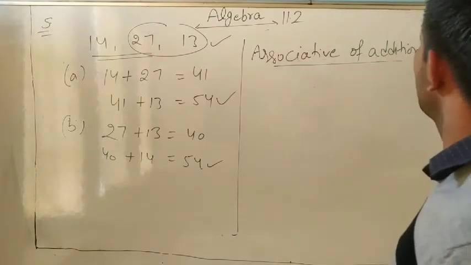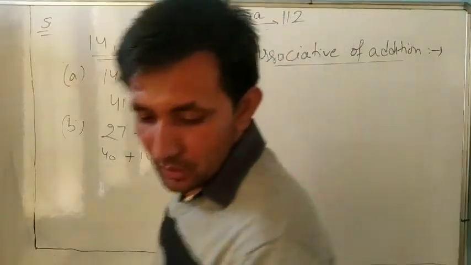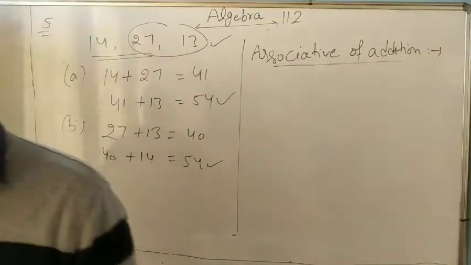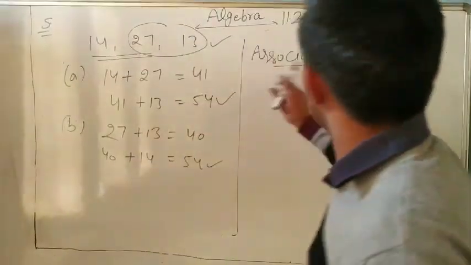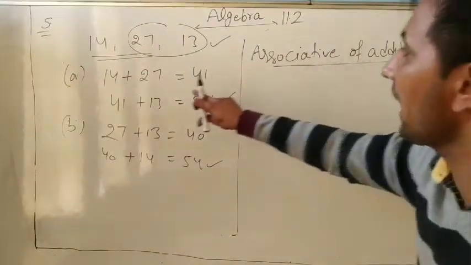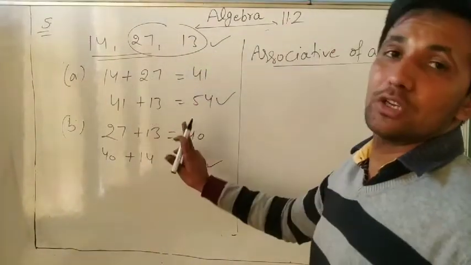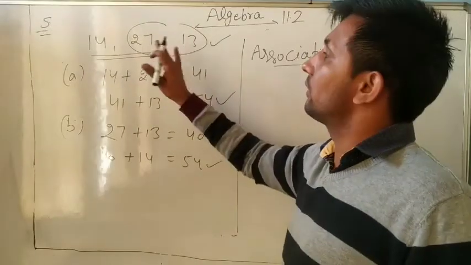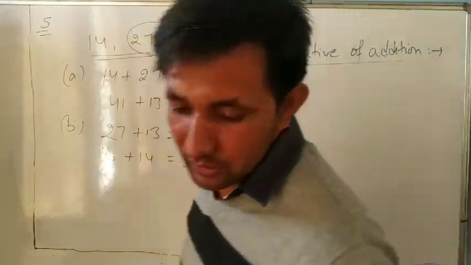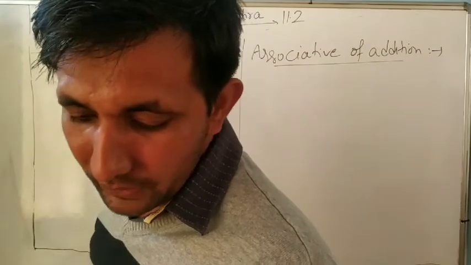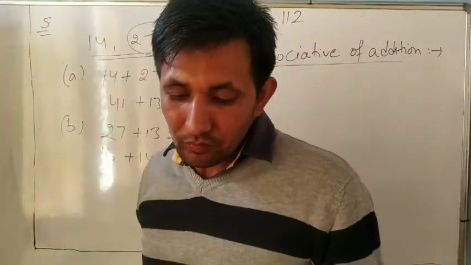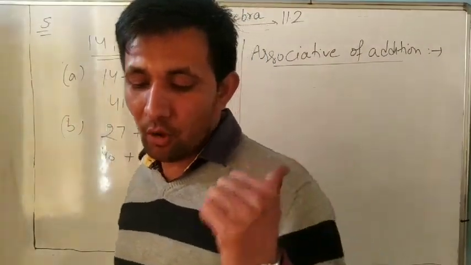This property is called associative of addition of numbers. Either we add the first 2 numbers then the third, or the last 2 then the first. Express this property. We already learned this in the whole number chapter.